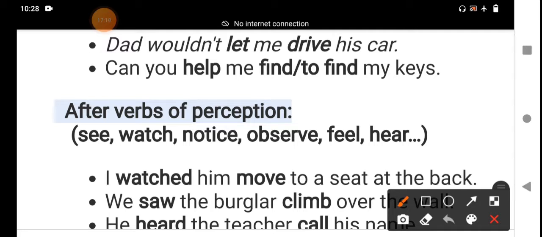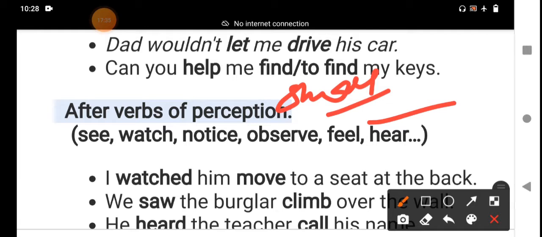They are called involuntary perception. However, here, feel, F-E-L, feel. To smell also is a verb of perception. And taste, to taste, is also a verb of perception.